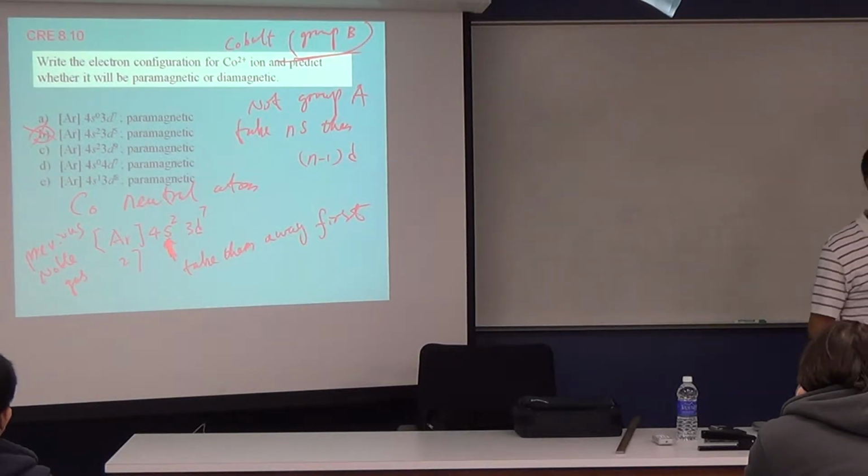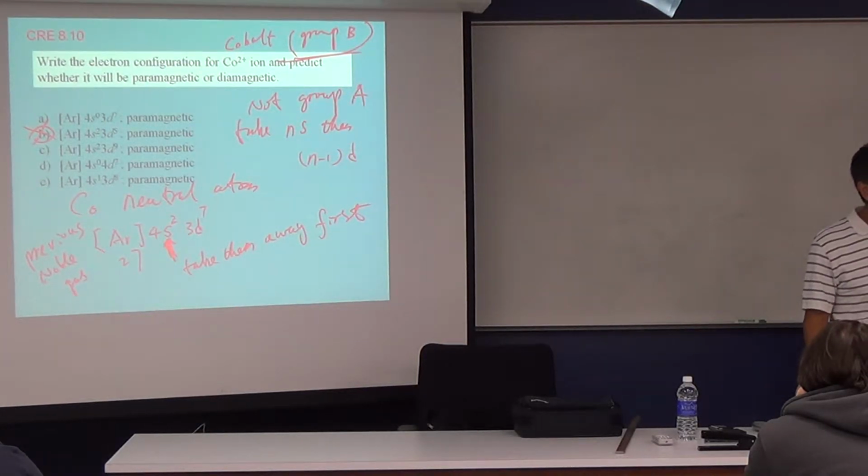Take those guys away first. Maybe 4s, maybe 5s, depending on the element, right? So whichever is the highest n, you take the highest ns first for the transition metal, right?